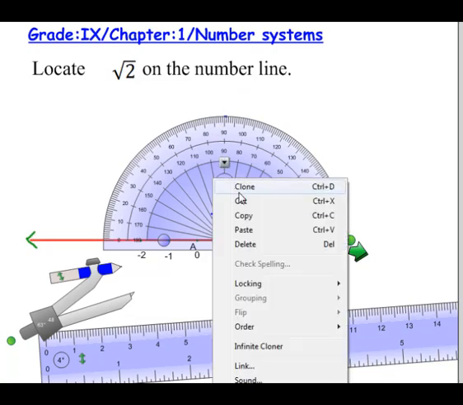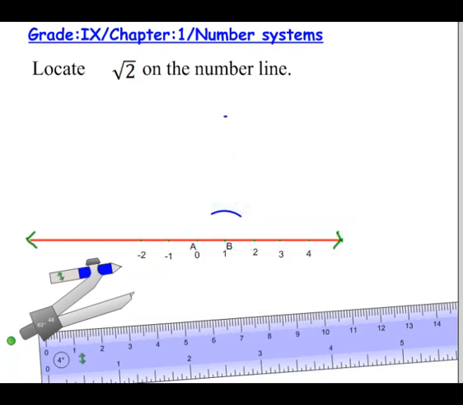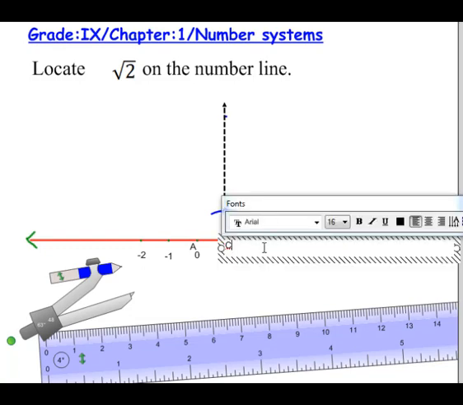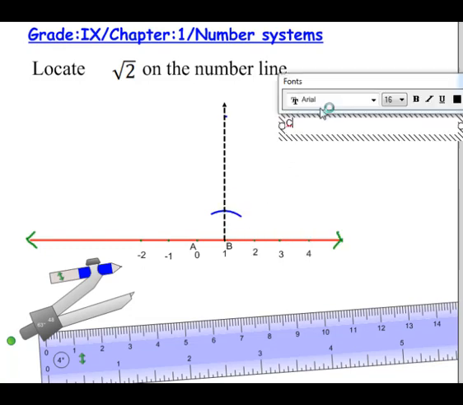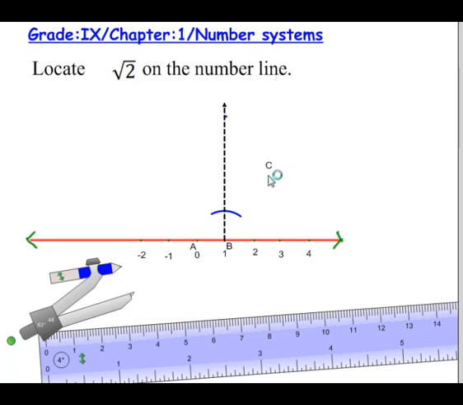Now take a perpendicular from B. So this is a perpendicular. Now the perpendicular intersects the arc at a certain point, so that point is C.